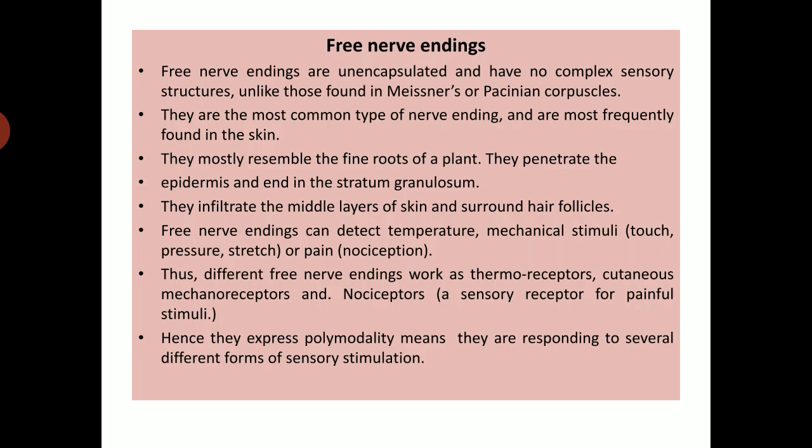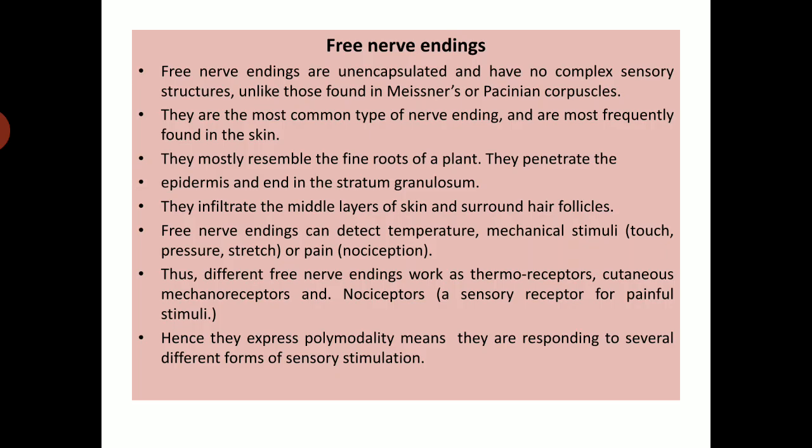They are the most common type of nerve endings and are most frequently found in the skin. They mostly resemble the fine roots of a plant. They penetrate the epidermis and end in the stratum granulosum.